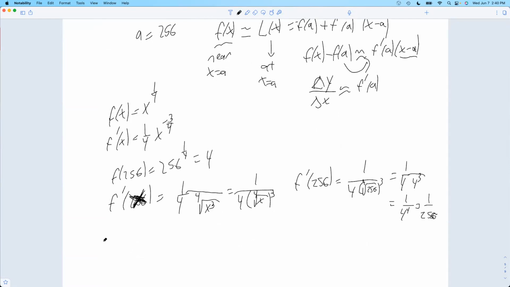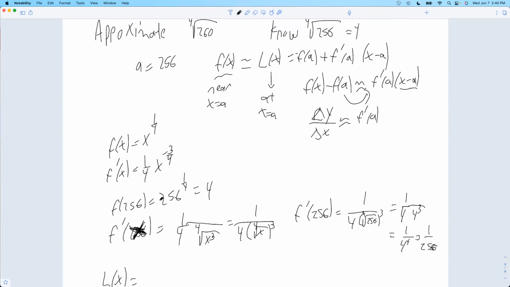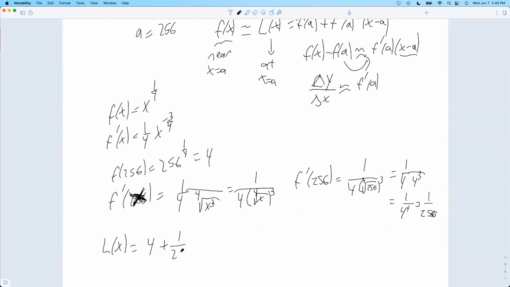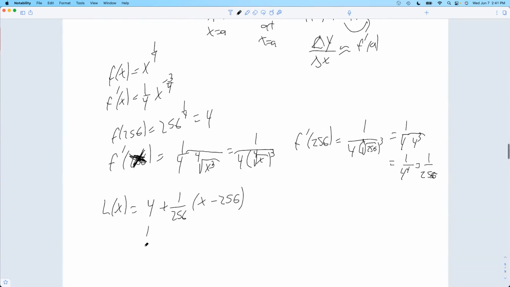Okay, then L of x, I'll write out my linearization, is f of a, 4, plus the derivative at a, 1 over 256, times x minus 256. That's f of 256, that's f prime at 256, and that's 256.